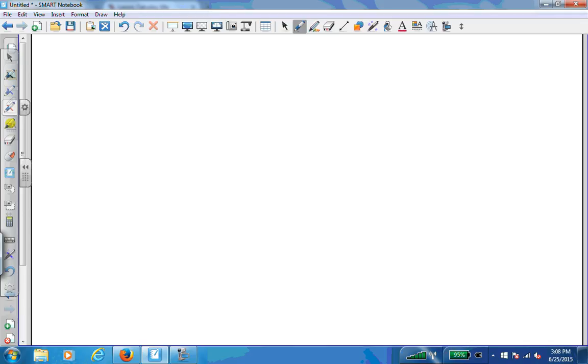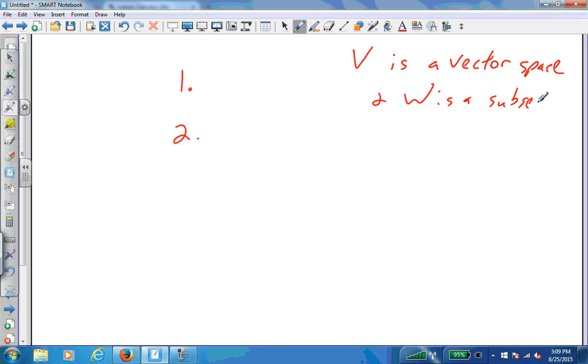So it turns out it's fairly easy to determine if something is a subspace. We just have to meet 2 criteria. If we know that V is a vector space, and W is a subset of V, then let's consider u and v.